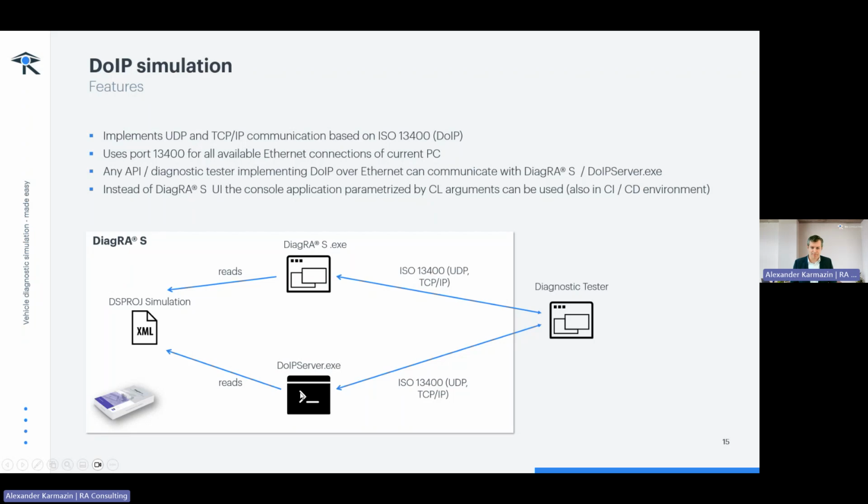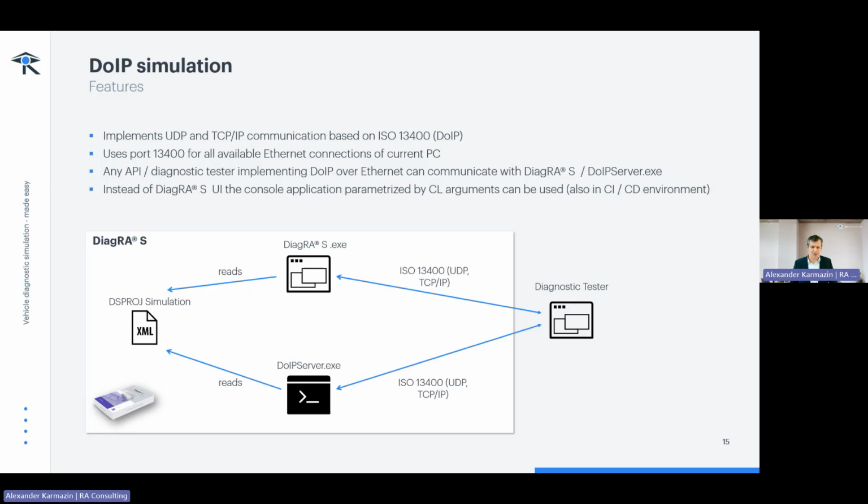Yeah, and the simulation is based again on the XML file, and actually more or less the same simulation file as used for pass-through and RP1210 can be used here. It just needs additional details for configuration of DoIP communication. So the tool has to know which logical DoIP addresses are supported by ECUs.